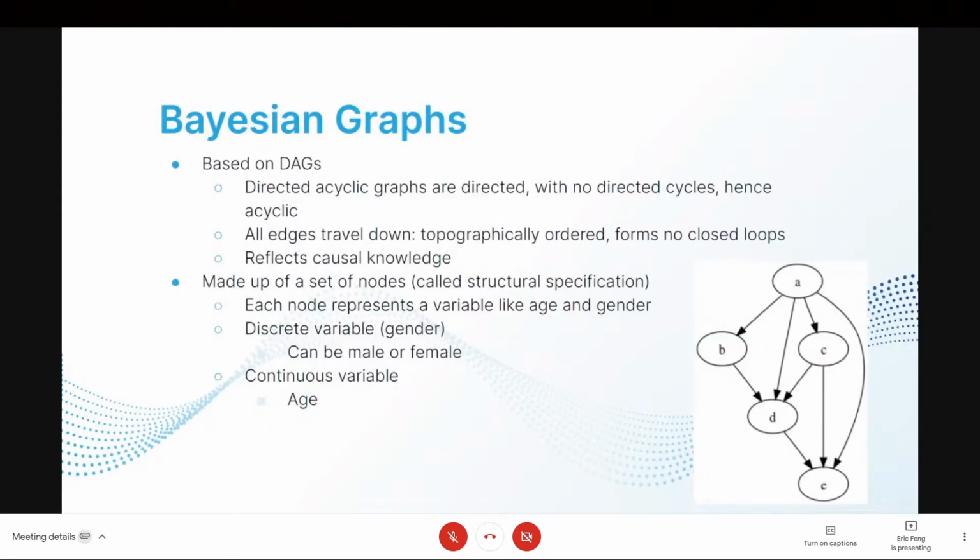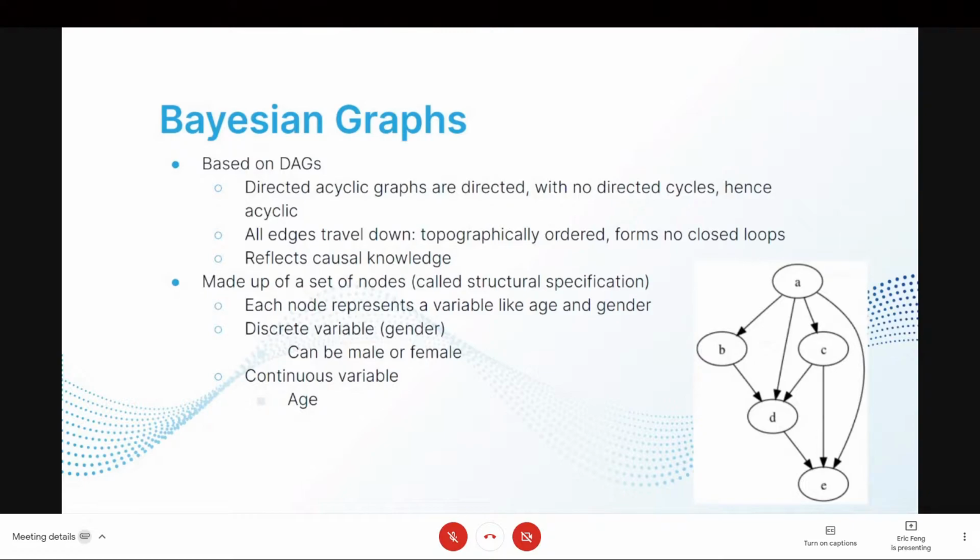So now I'm going to talk about Bayesian graphs. Bayesian graphs are the type of graphical models we've shown before, like with the diseases and symptoms, and they're based on DAGs, which are directed acyclic graphs. These are graphs where each node points to another node, and they do not contain any cycles.